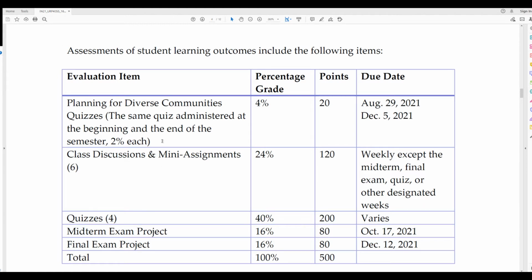So the first set is a few quizzes. It's called Planning for Diverse Community Quizzes. This quiz, as long as you answer the questions, you will receive the full points. And there's no right or wrong answers, by the way, if that's what you perceive.